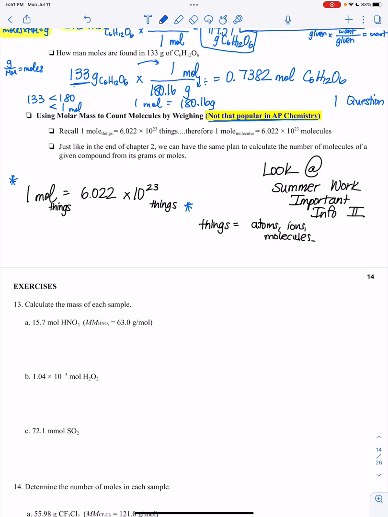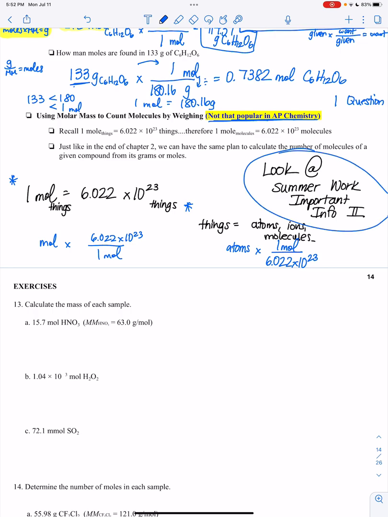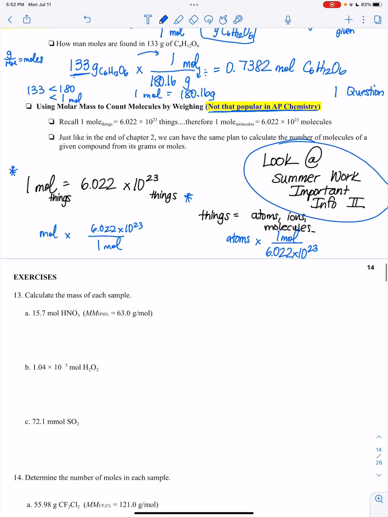And it's just like doing dimensional analysis. If I have my moles, I'm going to multiply by 6.022 times 10 to the 23rd over 1 mole. If I have atoms or molecules, I'm going to have 1 mole and divide by 6.022 times 10 to the 23rd. But I'm going to look at important information part 2.